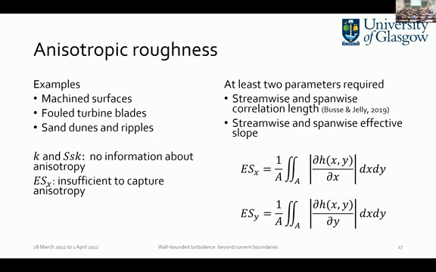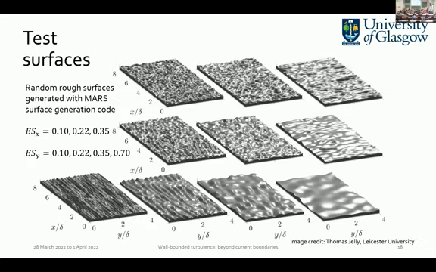So we also now considered streamwise and spanwise effective slope. Spanwise effective slope was already recognized as a parameter in earlier studies, for example, by Tucker et al. or Aghaei Jouybari. But we have now designed a set of surfaces which allows us to really focus specifically on this parameter and discuss its properties.